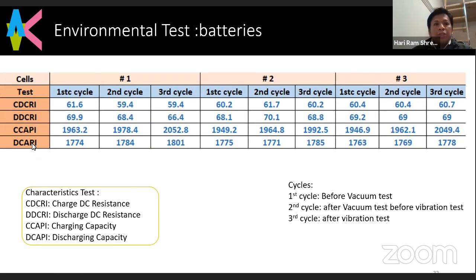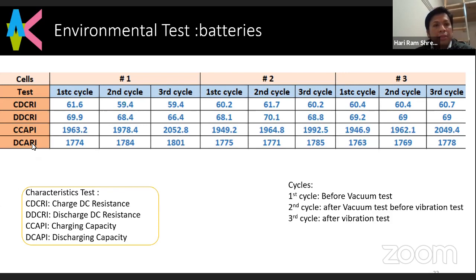After that, we need to select the battery after the environmental tests. It means charge DC resistance, discharge DC resistance, charging capacity, and discharging capacity. Here, I forgot to mention the unit. The DC discharge resistance and DC charge resistance will be in milliohm.